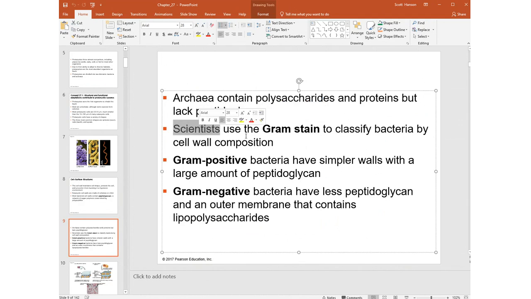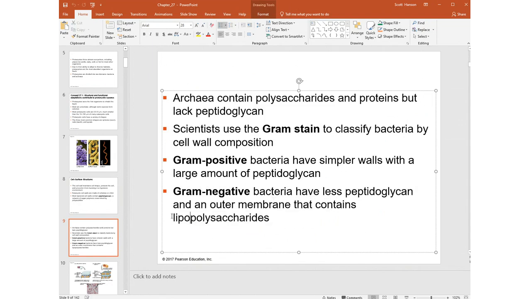And scientists use a technique called Gram stain to classify bacteria according to cell wall composition, because gram-positive bacteria have simpler cell walls with a large amount of peptidoglycan, but gram-negative bacteria have less peptidoglycan, and they have an outer membrane that has lipopolysaccharides.